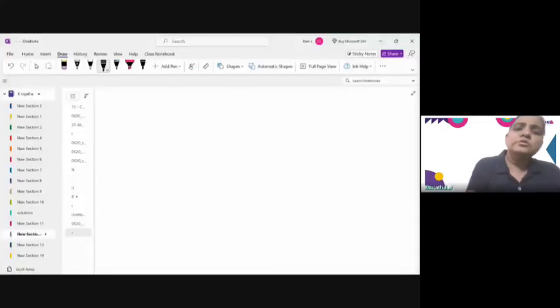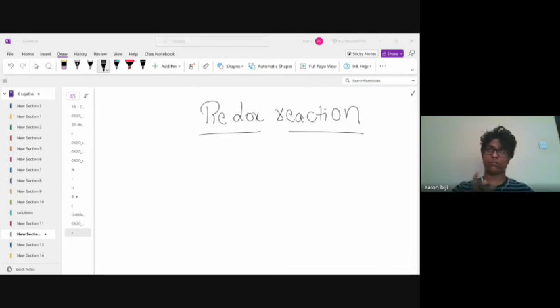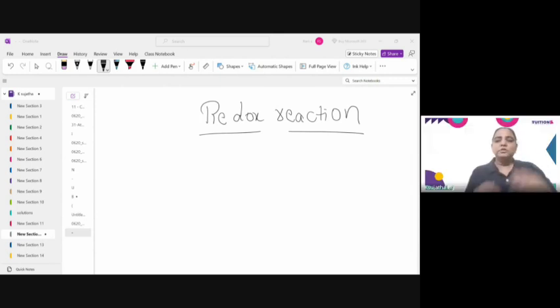Do you have an idea, Arun, what is a redox reaction? A reaction that involves the transfer of electrons. Very good. Transfer of electrons from one atom to another atom. During the transfer, two processes happen.